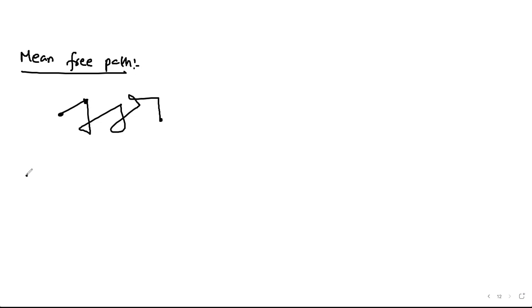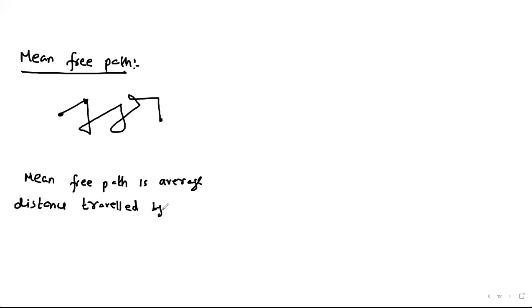So mean free path is the average distance traveled by molecules between two successive collisions.